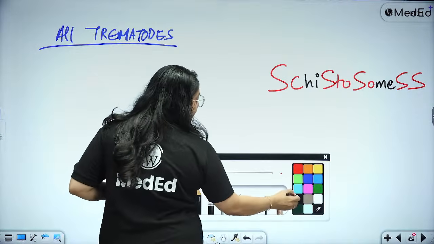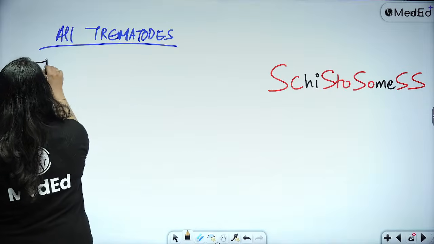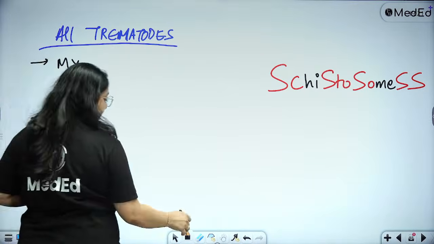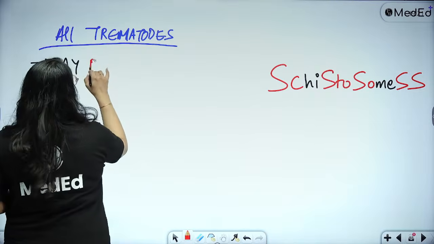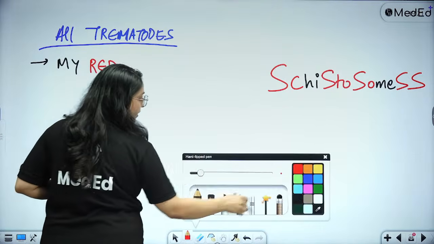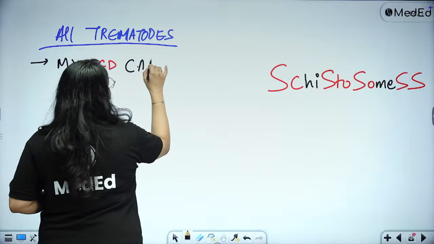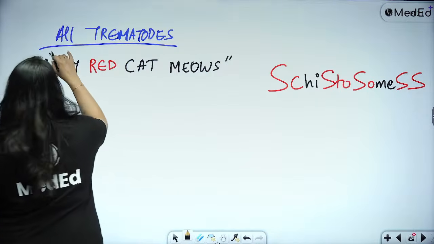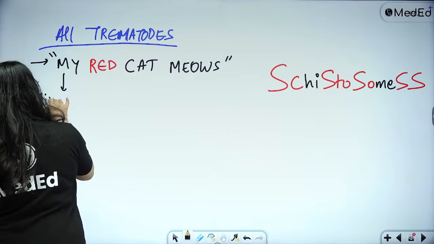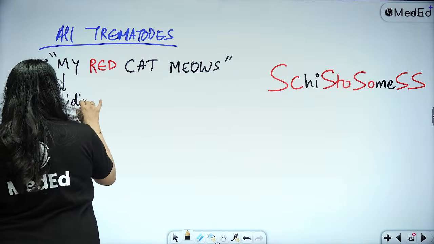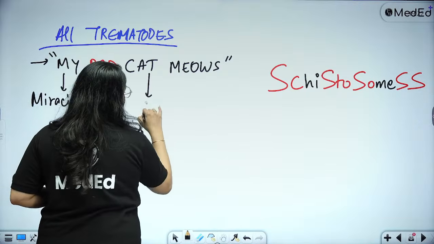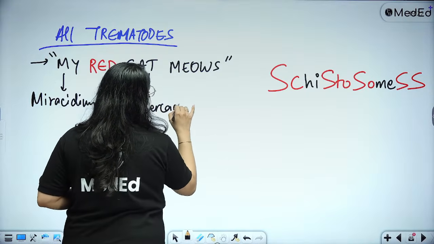So, for all trematodes, there are 5 larval stages. My red cat meows: miracidium, redia, cercaria.